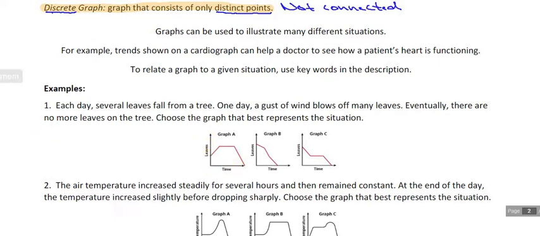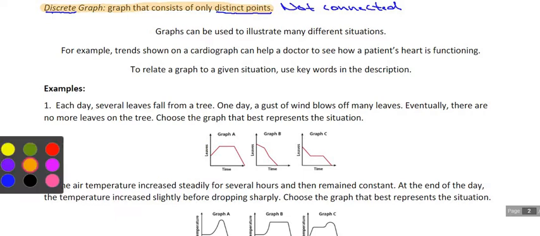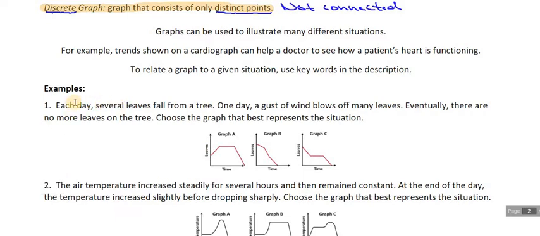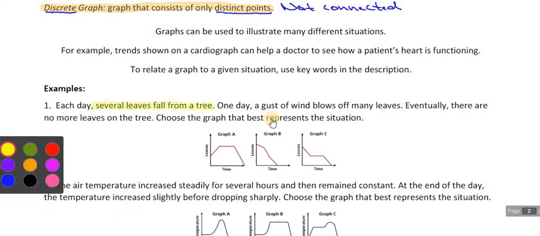So we're going to jump straight into example 1, which says, each day several leaves fall from a tree. One day a gust of wind blows off many leaves. Eventually there are no more leaves on the tree. Choose the graph that best represents the situation. So each day several leaves fall from the tree.